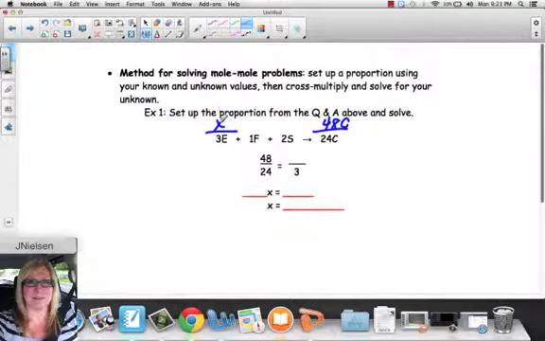This is what I'm given in the problem over what I know from the balanced equation. So here I have 24x equals 144. Therefore, x equals 6.